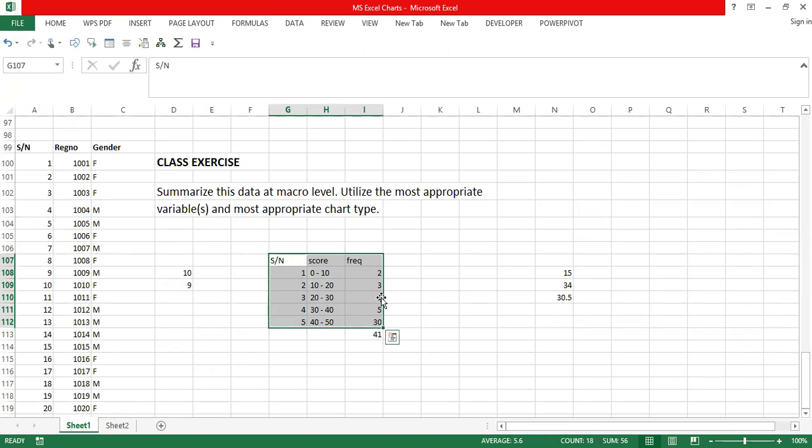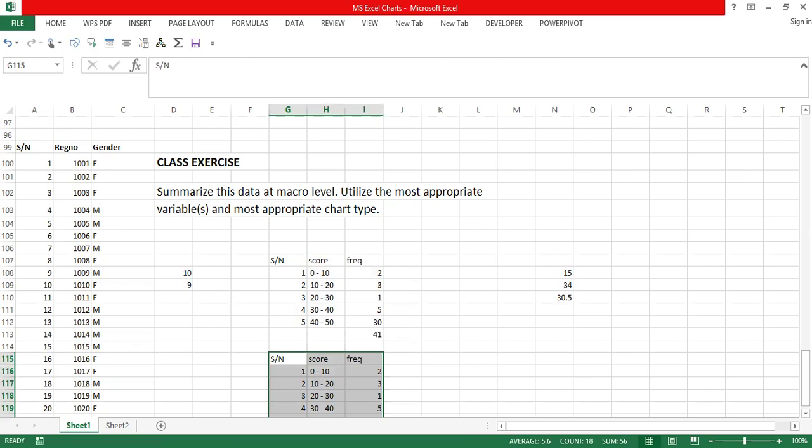How to document the frequency distribution table for continuous data. That's what you are seeing now. Most of the time when you do this, a lot of students will try to oppose it.